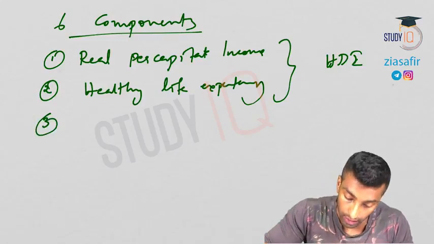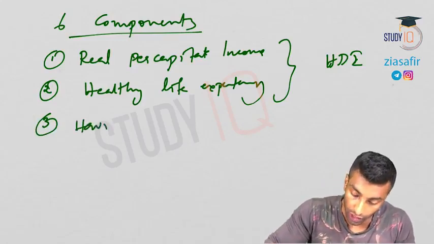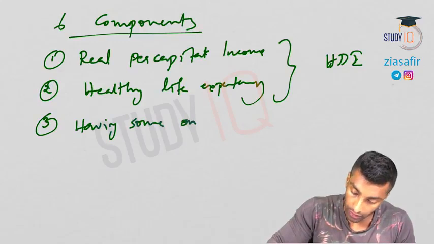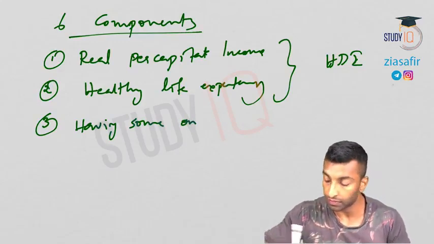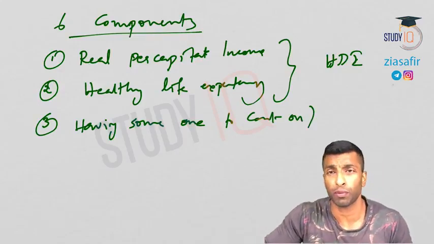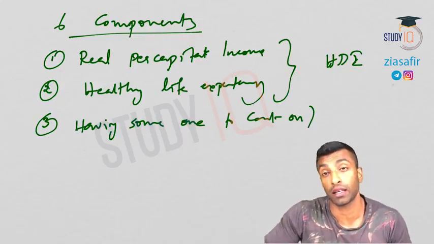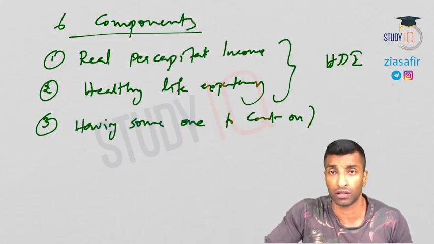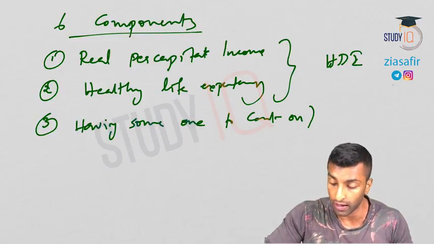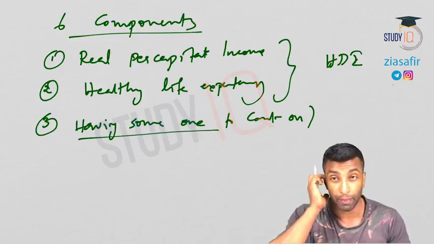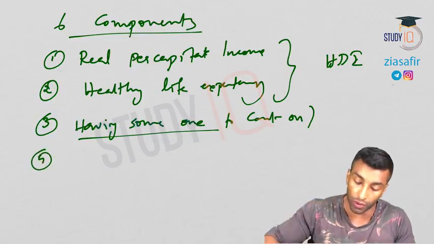Then third one, having someone to count on. That means social support, social capital. See, if there is someone to offer you unconditional support, life feels so much secure. There is no insecurity in life. So that is considered very much when it comes to World Happiness Report. It's having someone to count on.